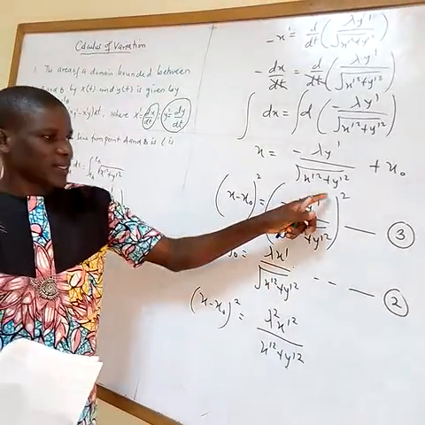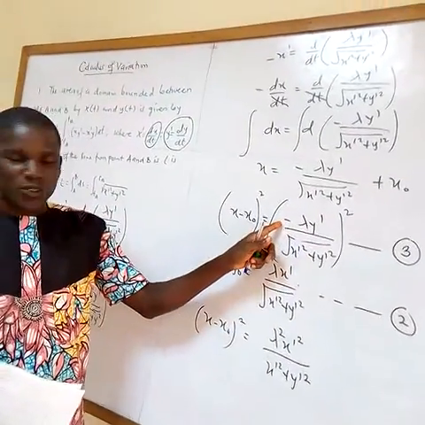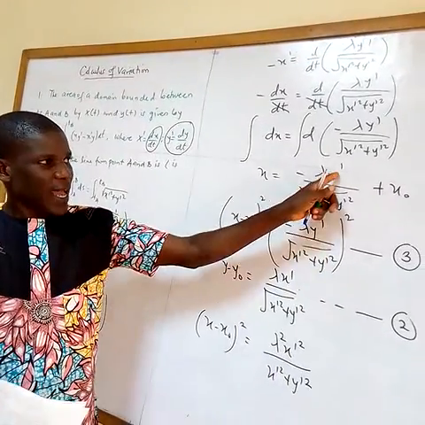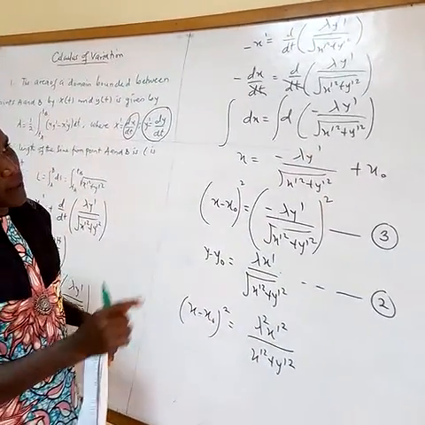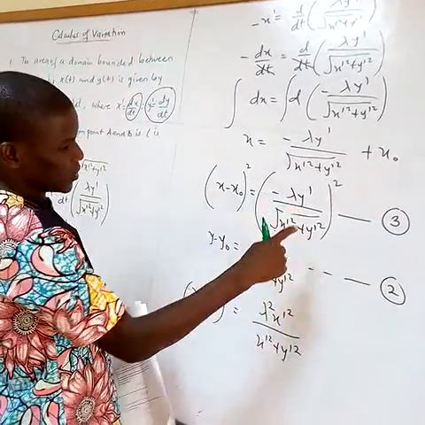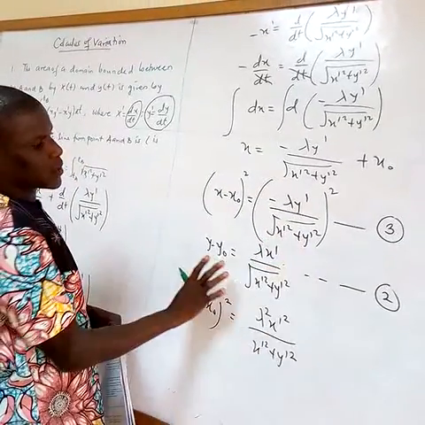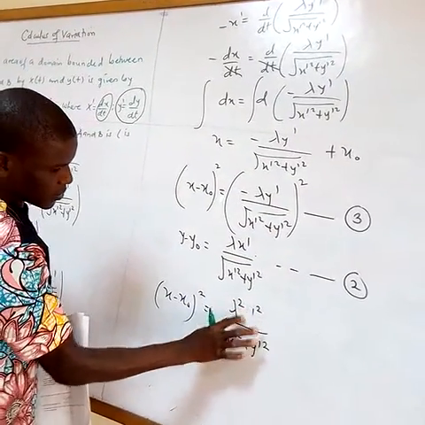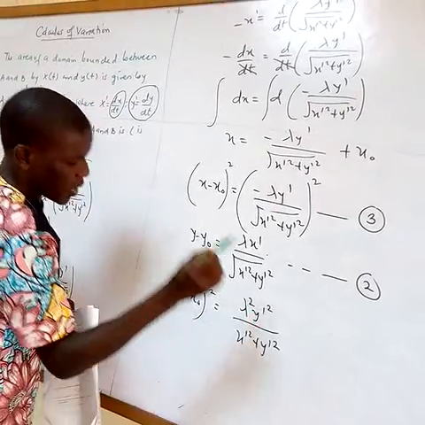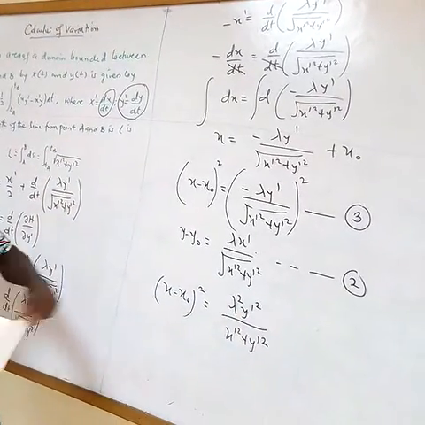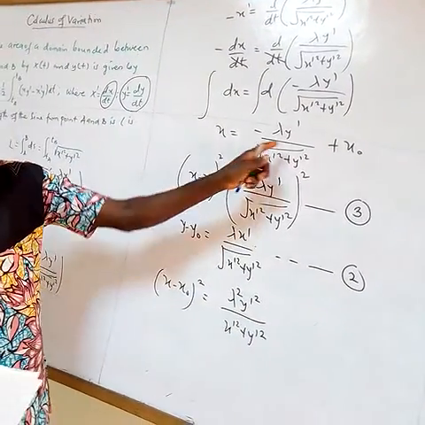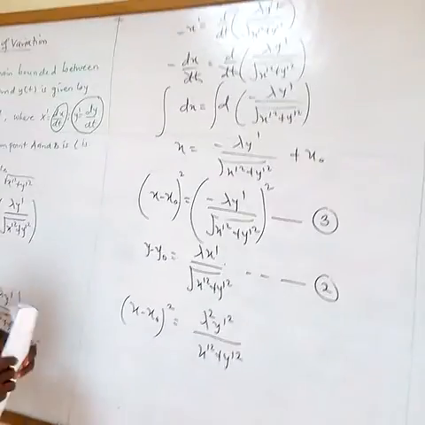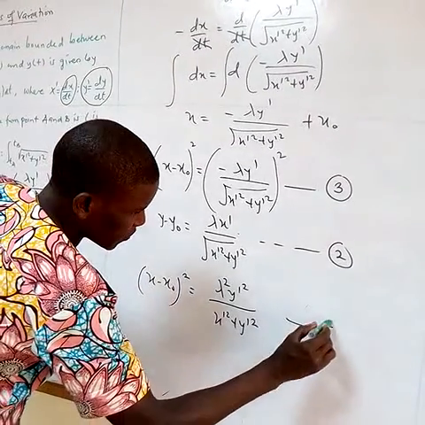By the time we square this, we are going to have λ, the negative is gone. λ², oh sorry, okay, this one is supposed to be y'². So we have y'², then the square root is already gone, so no more square root. So let's label this as equation 4.